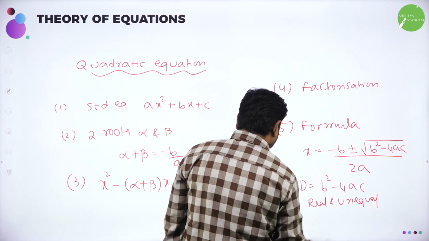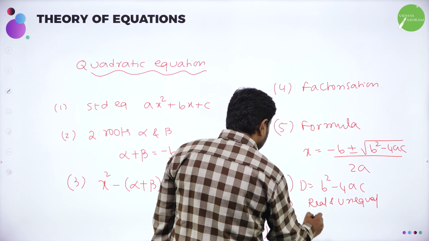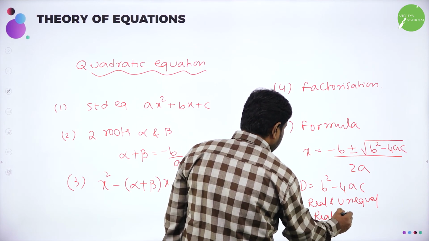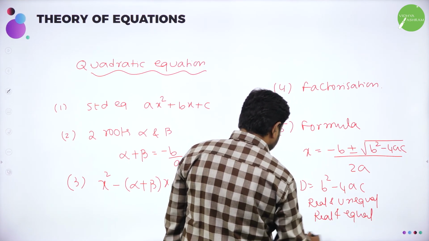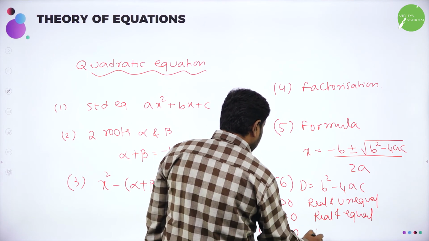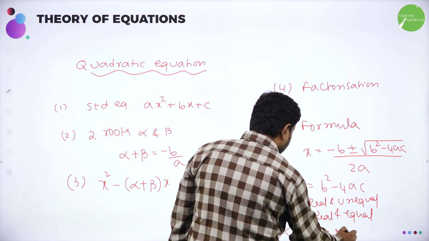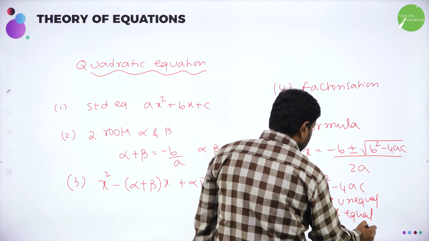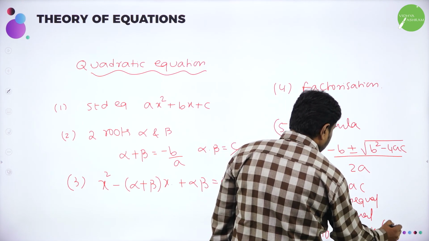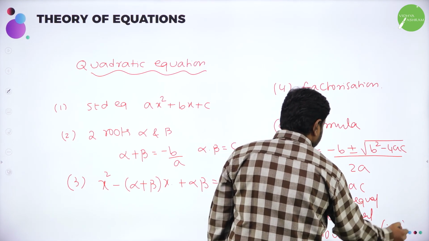D equal to 0, roots are real and equal, both are the same roots. And the last case, D less than 0, no real roots. We don't have real roots, and we say roots are imaginary, or we can also use complex.